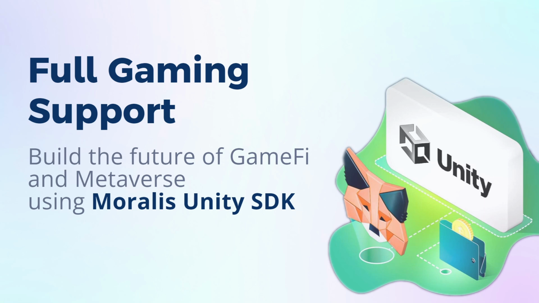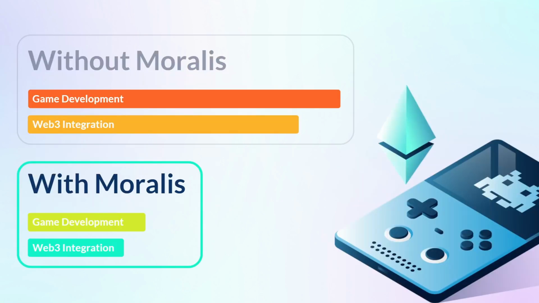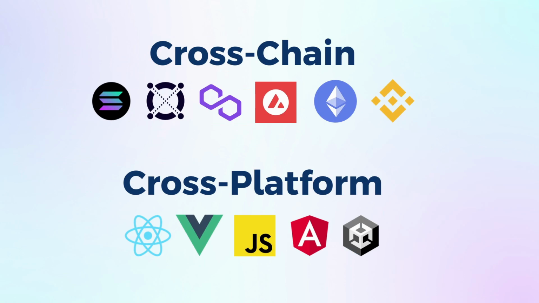And as GameFi developers, we are thrilled to have a specific SDK for Unity that will let us focus on developing the game itself, reducing the global development time by 80 to 90%. And that not only applies to Unity, because Moralis is cross-platform, so you can benefit from that on multiple other platforms. It is also cross-chain, so you don't have to worry about bridging between chains, and that, being in the Web3 crypto space, is huge.